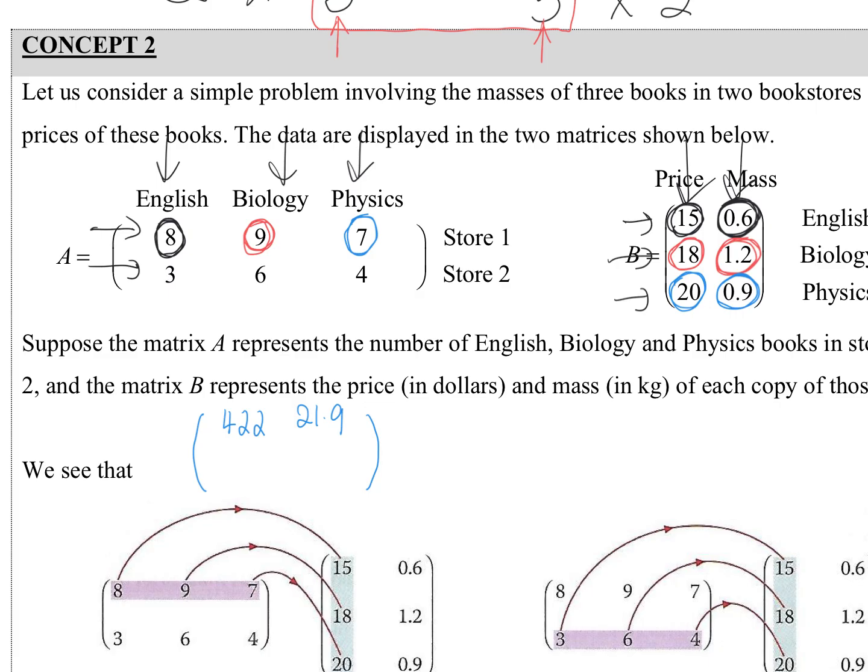Then now I move to store 2. So I'm moving down to my second row now. This one. And then I need to do the same thing. I repeat the same process. Meaning, I use 3 to multiply by $15. I use 6 to multiply by $18. I use 4 to multiply by 20. And then I sum them up. So I can get the total price or total sales I get from selling all these 3 types of books.